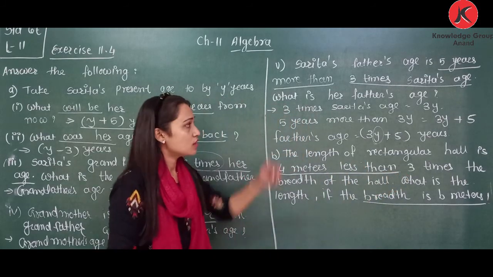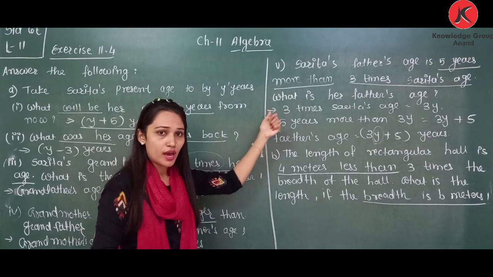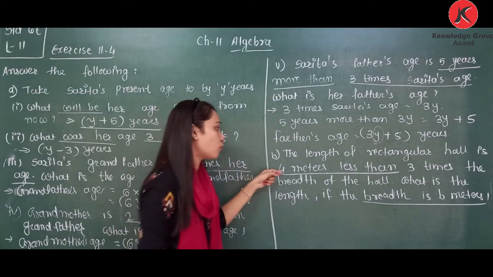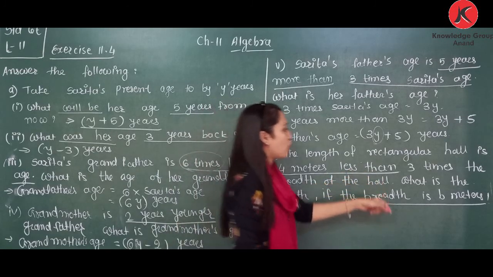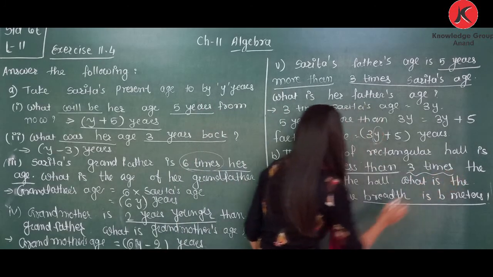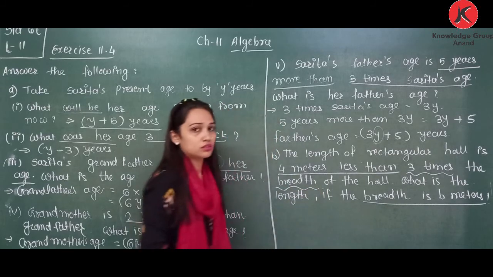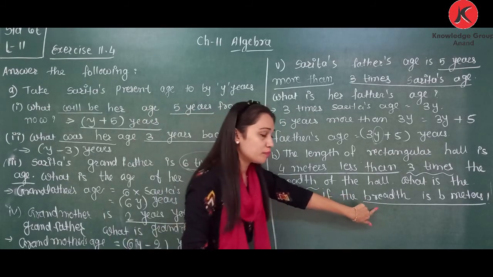More means addition and less means subtraction. So 4 meters less means subtract 4 from 3 times the breadth. Breadth is given as b meters.